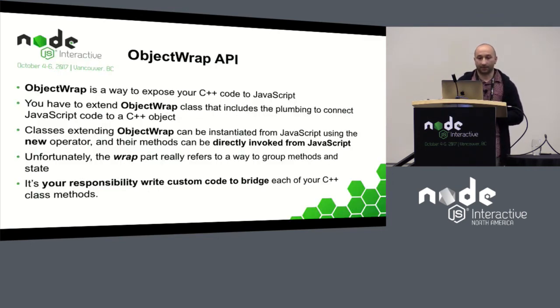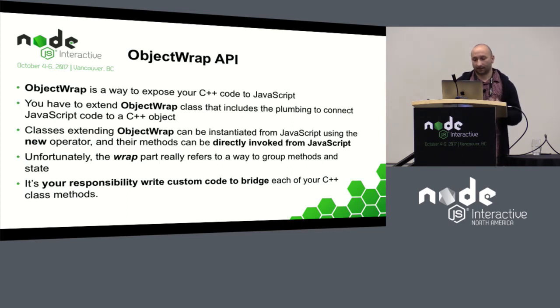Sometimes you want to expose your C++ code directly to JavaScript. To do that, you have to extend the ObjectWrap class that has all the plumbing to connect your C++ code and JavaScript code.